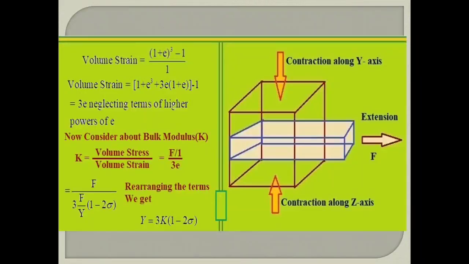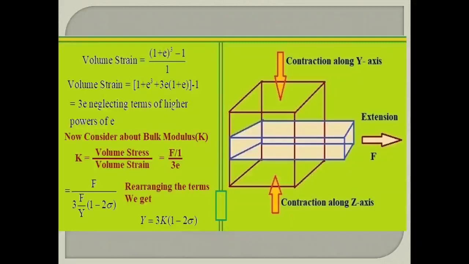Now consider bulk modulus. Bulk modulus is denoted with the letter capital K, and capital K is nothing but the ratio of volume stress to the volume strain, and it is given as capital F divided by 1, whole divided by thrice E, which is equal to capital F divided by 3 into capital F divided by Y into bracket 1 minus twice sigma.